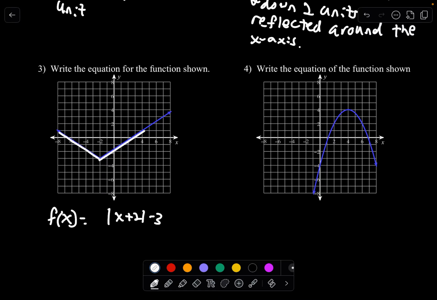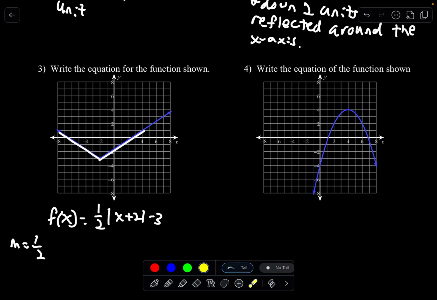The normal graph will be up 1 over 1. Obviously, it's not up 1 over 1. It's up 1 over 1, 2. So there's a 1/2 in front because this is the slope. M is 1/2. And you get that from counting.